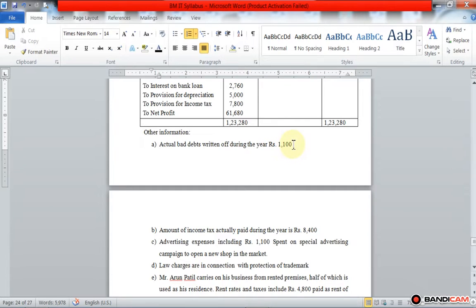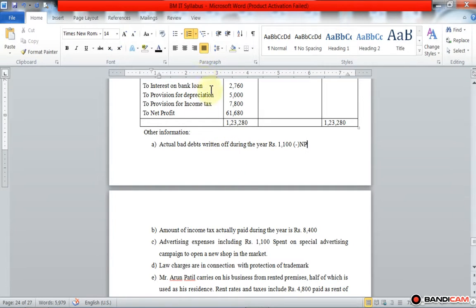It is an allowable expenditure of business, so it is deducted from net profit.